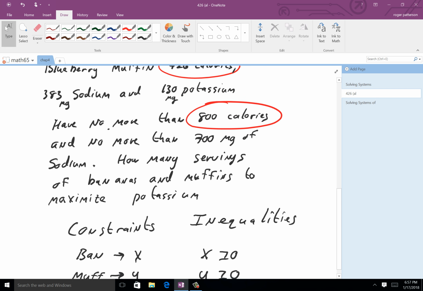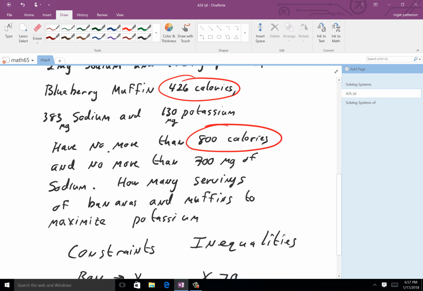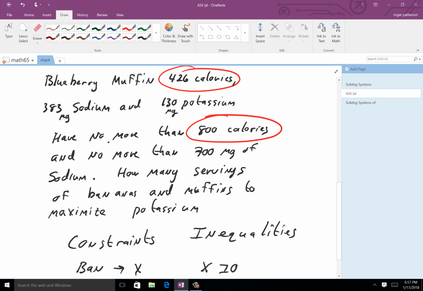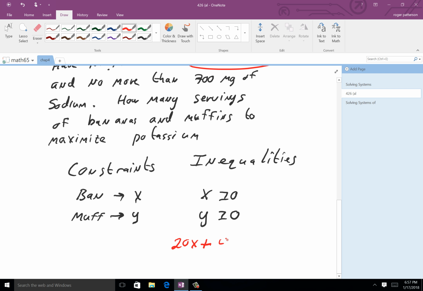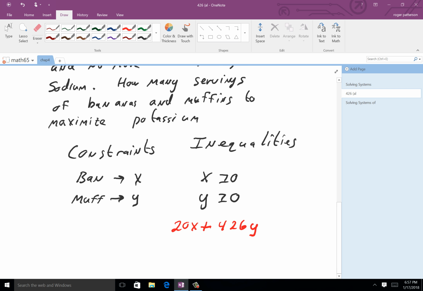So if I come down here, I've got 20 calories in a banana, so I'm going to write 20x plus 426y. And I said I can have no more than 800. So what inequality sign would I put there? Exactly, less than or equal to 800.